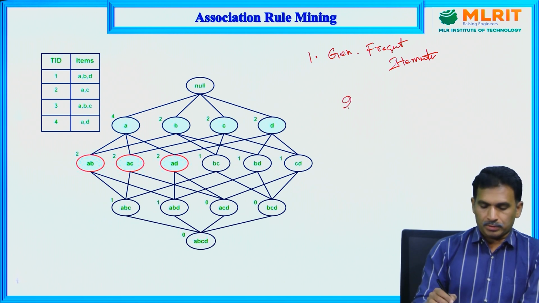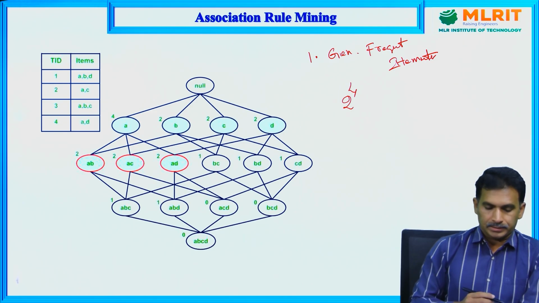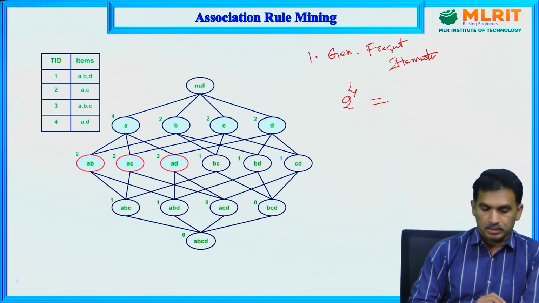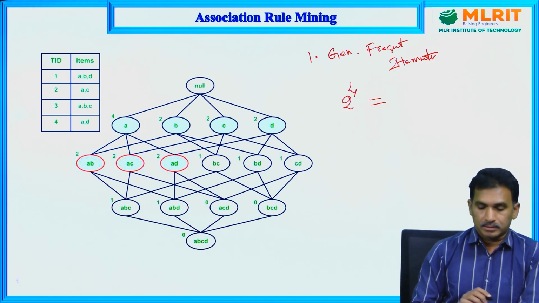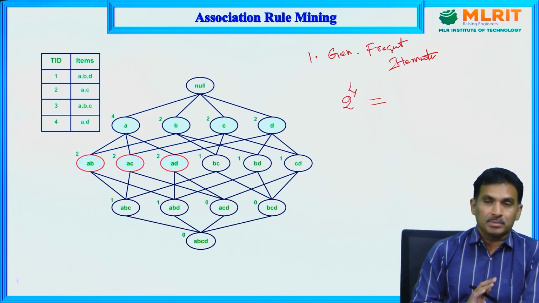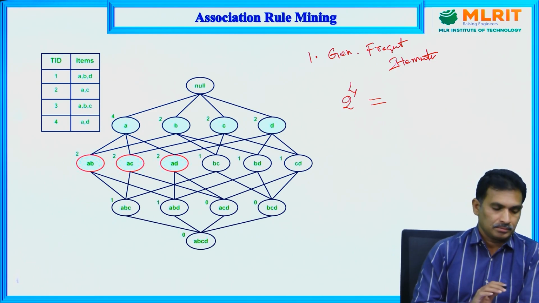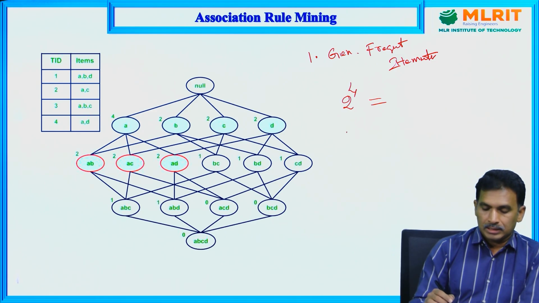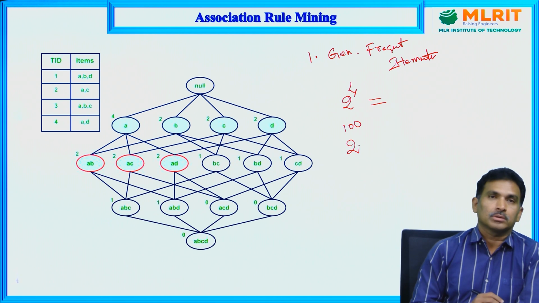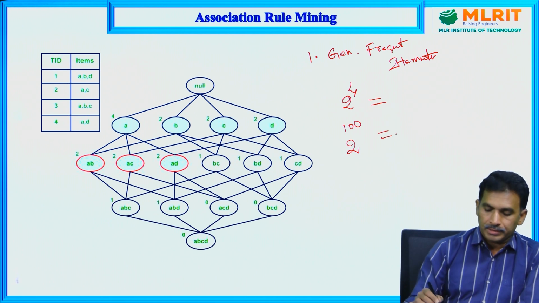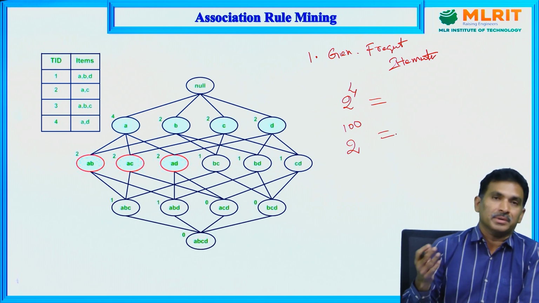Including the null set, there will be 2 to the power of 4 item sets possible if there are 4 items in a database. Similarly, in the real world there will be 100 or even more than 100 items, and then 2 to the power of 100 would be a big number.